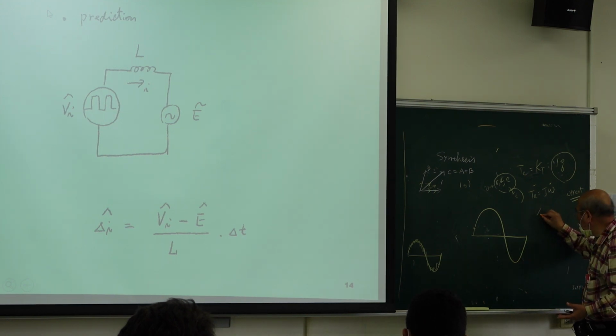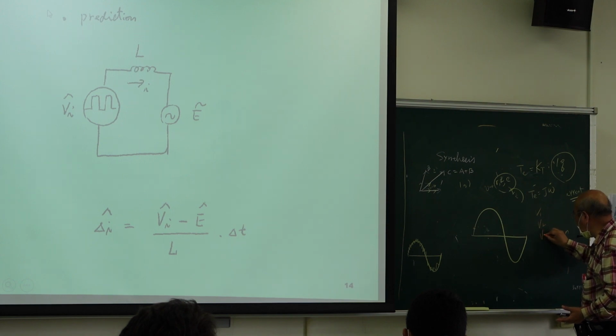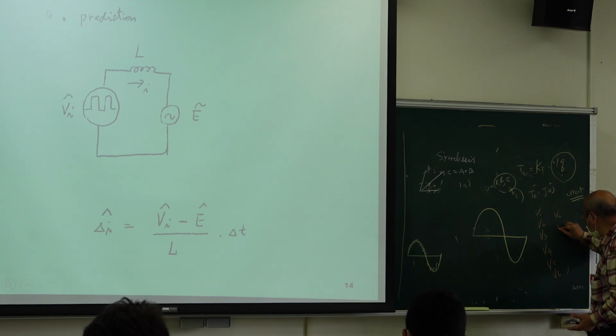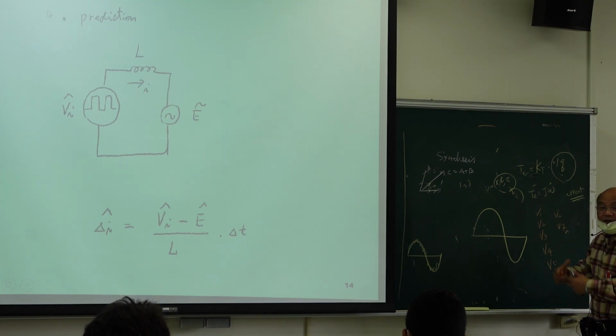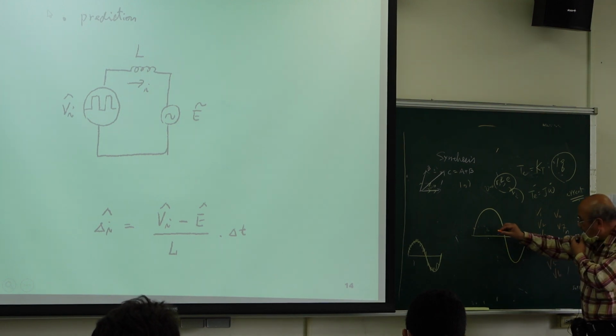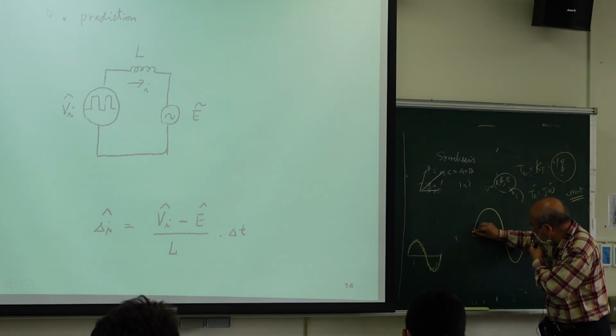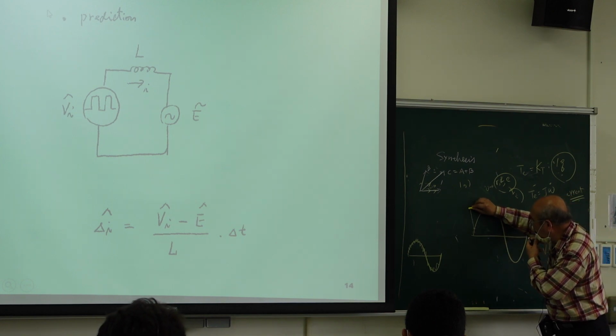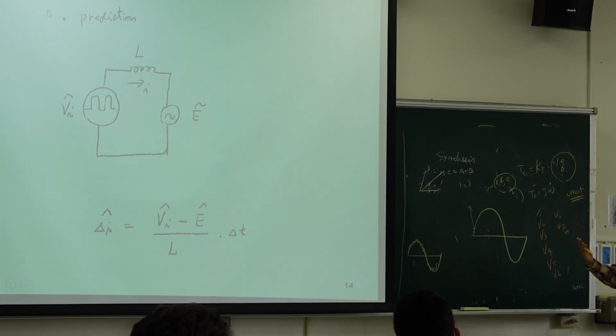I have V1, V2, V3, V4, V5, V6, V0, V7. Eight choices, right? We have eight choices. So if I am here, my current is here, what is my next step? If I choose V1, then my current goes here. Is it good? Maybe not good.